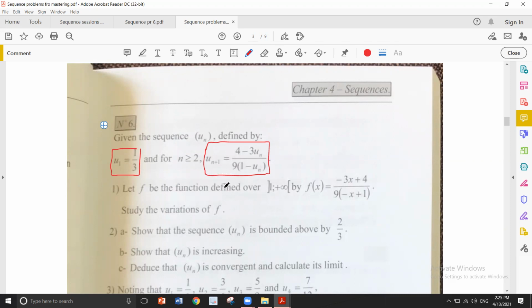Let f be a function defined over 1 plus infinity by f of x equal minus 3x plus 4 over 9 into 1 minus x. Study the variations of f. What's meant by study the variations of f? Derivative. Okay, derivative, and we study its sign, if it is increasing or decreasing.